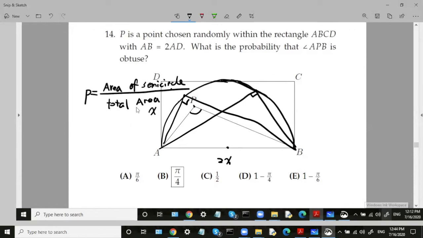The radius of the semicircle is x, so it's one half pi x squared over x times 2x. Cancelling x squared, finally it's pi over 4. So the answer is B.